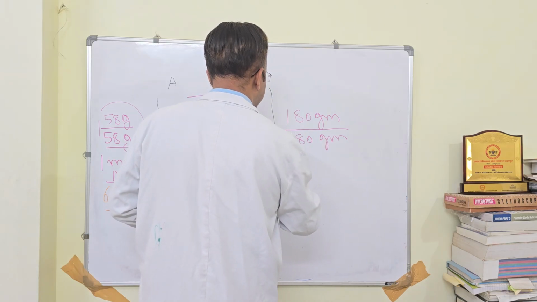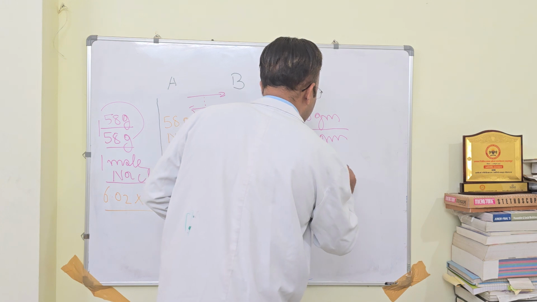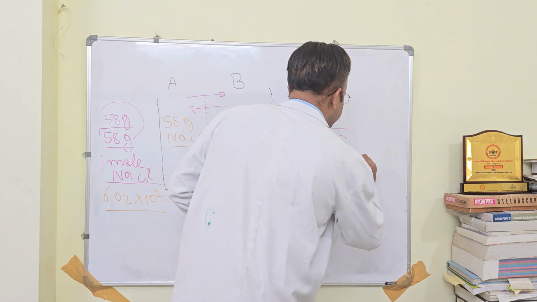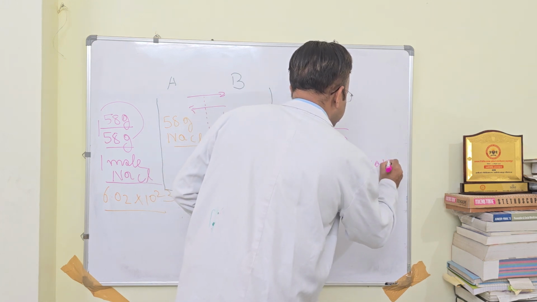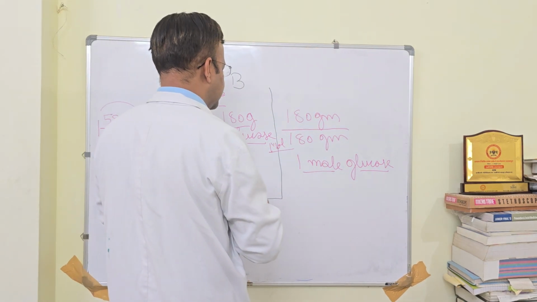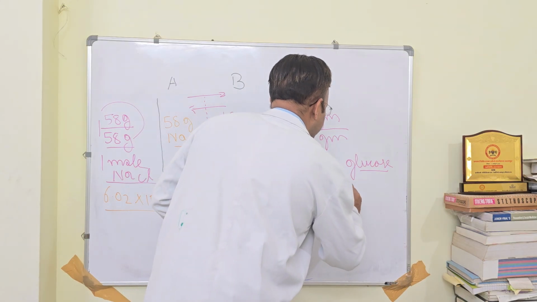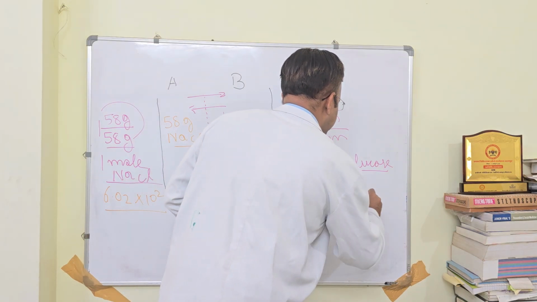So that means on this side also we have 1 mole of glucose. So how many particles of glucose? That means again 6.02 into 10 raised to power 23.